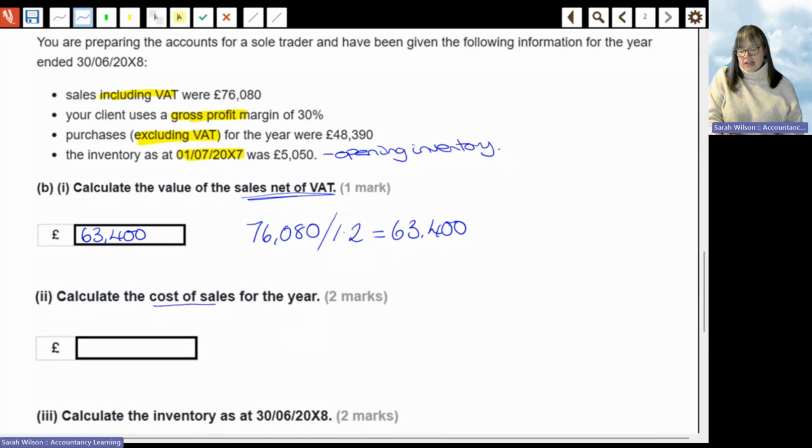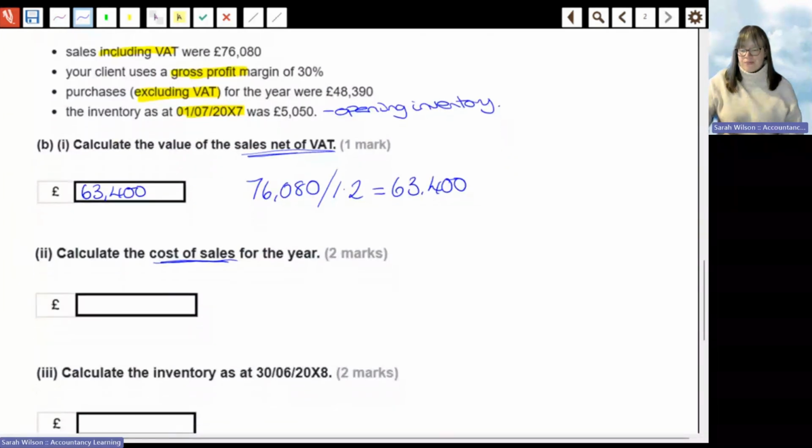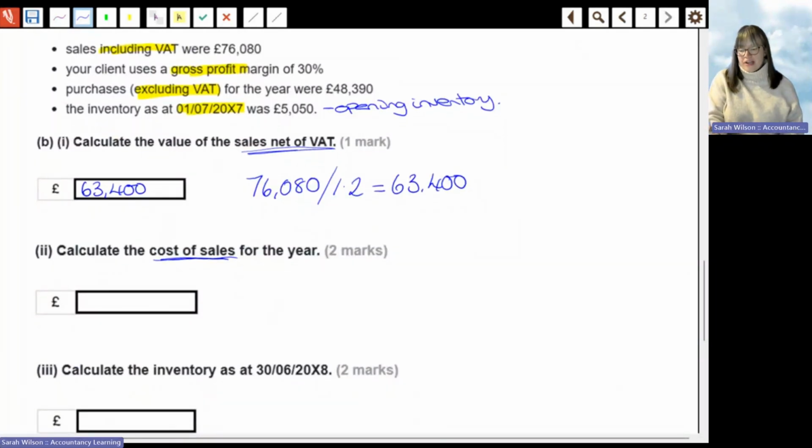Next, we now need to calculate the cost of sales for the year. So this is where we now need to start using some of the other information that we're given. So the question tells us we have a gross profit margin of 30%. Now, for margin, the key part of that word is in.